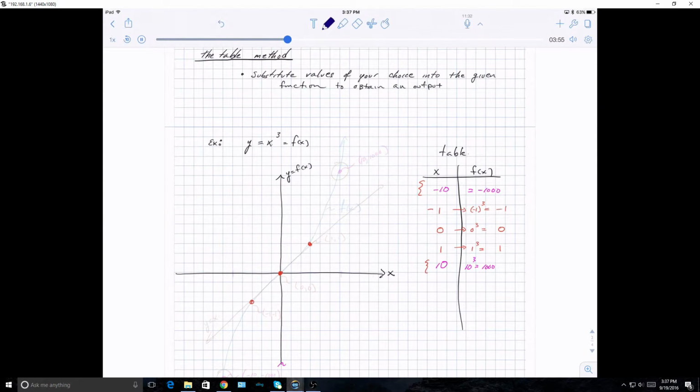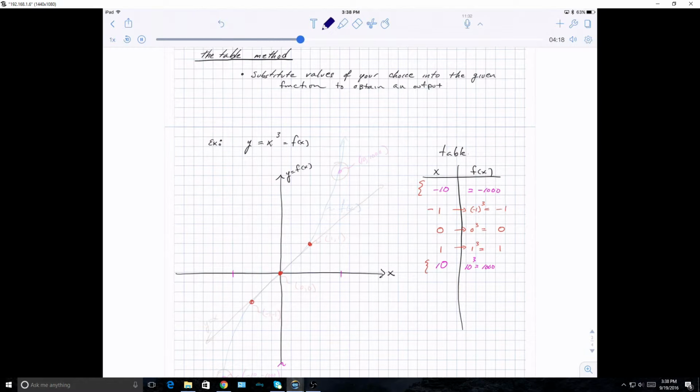We can't go down far enough, really, so let's actually make 10 about here, just to get the picture, because obviously this is not drawn to scale.